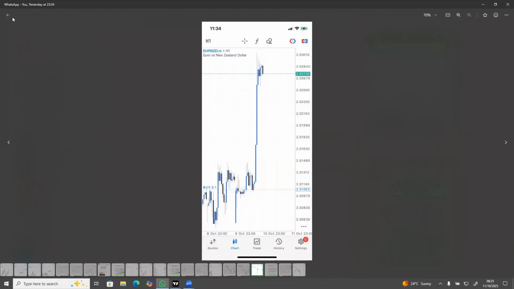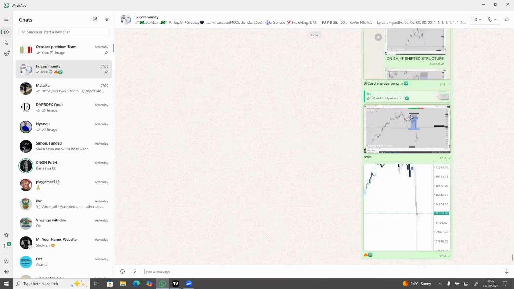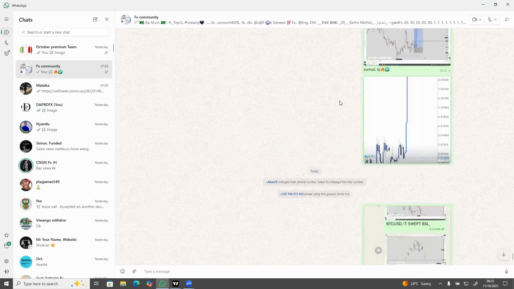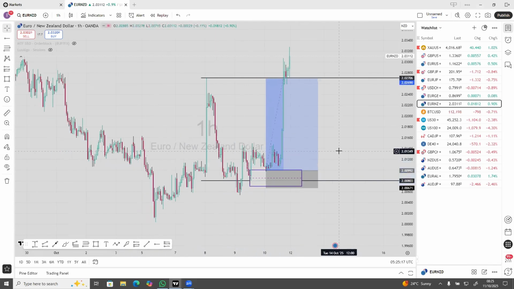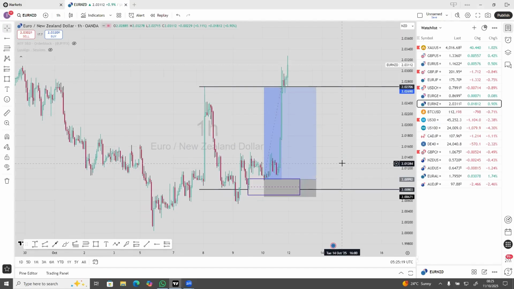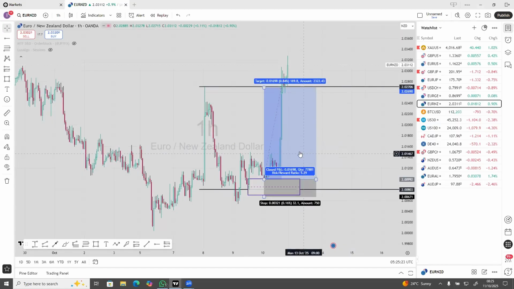Very, very easily. So you have to understand the strategy. Just your strategy, very risky, and keep it pending. Hold it until it reaches your taking profit target. That is it on Euro NZD.